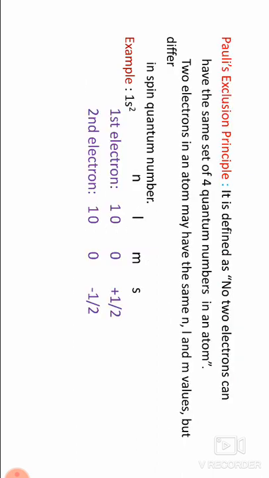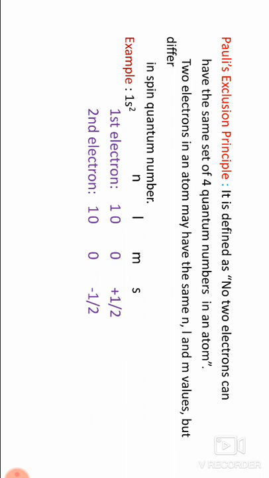Then next, Pauli's exclusion principle. It is defined as: no two electrons can have the same set of four quantum numbers in an atom. Two electrons in an atom may have the same n, l, and m values but differ in spin quantum number.